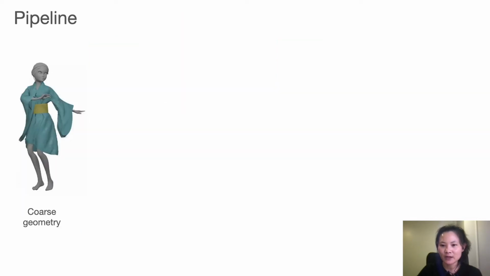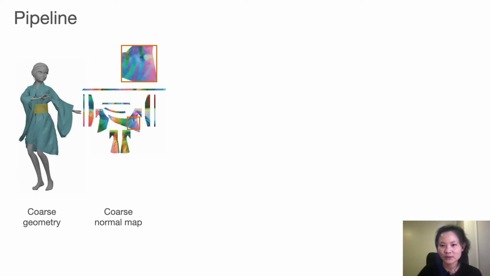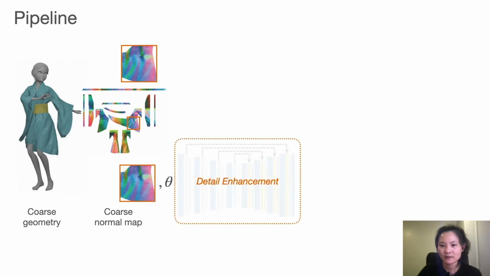The pipeline of our work starts from a coarse garment geometry. We represent the 3D geometry as a 2D normal map. The core of our method is a detail enhancement network that enhances local garment patches conditioned on the material type.